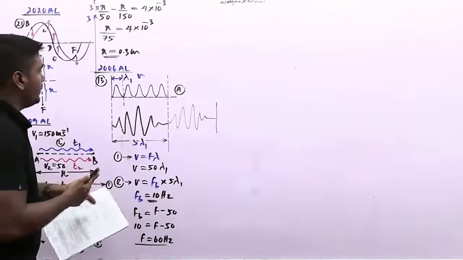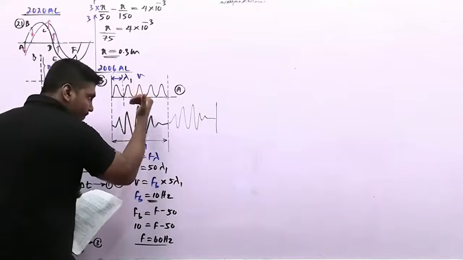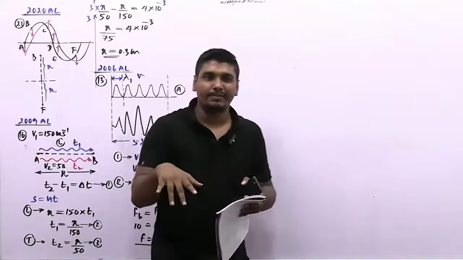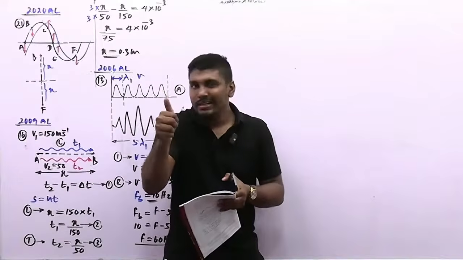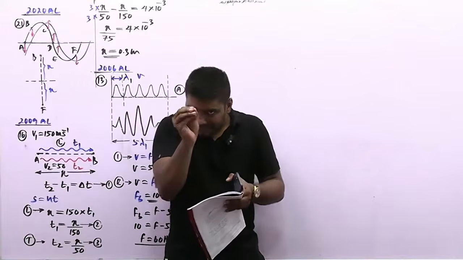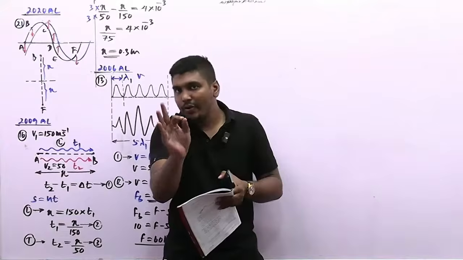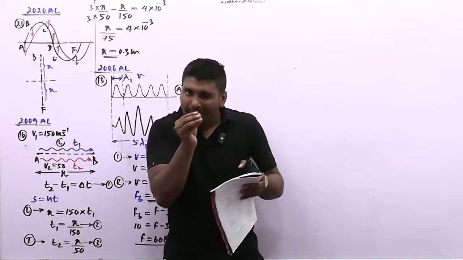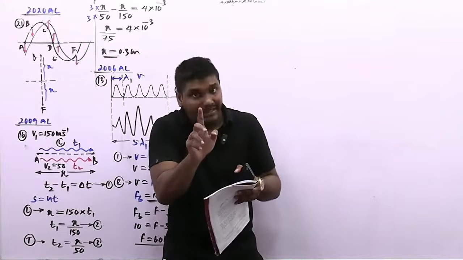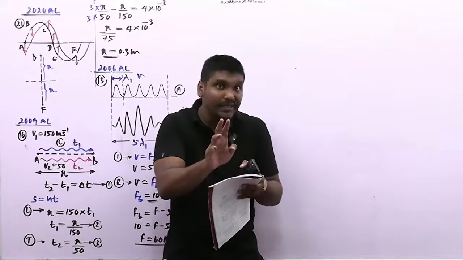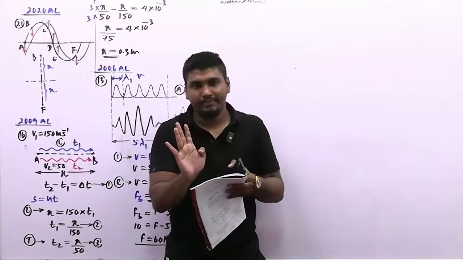This is the best way, very simple story. They have given two sound waves, sound wave 1 and sound wave 2. They gave the frequency of sound wave 1, that is 50 hertz. Sound wave 2's frequency they haven't given, but they mentioned it is greater than 50.